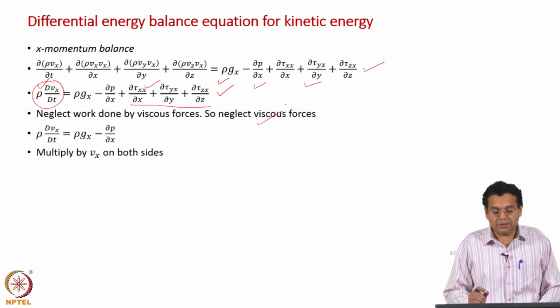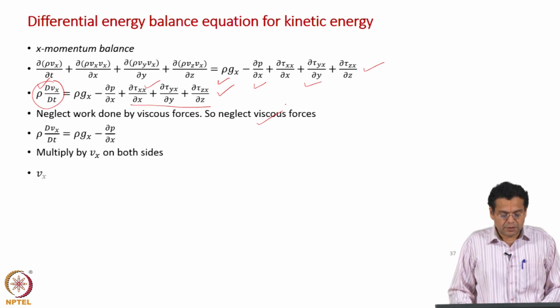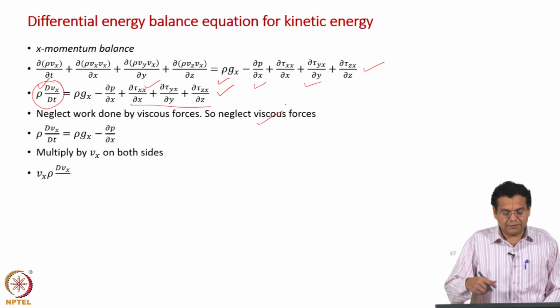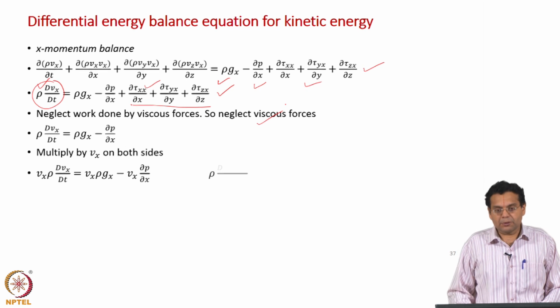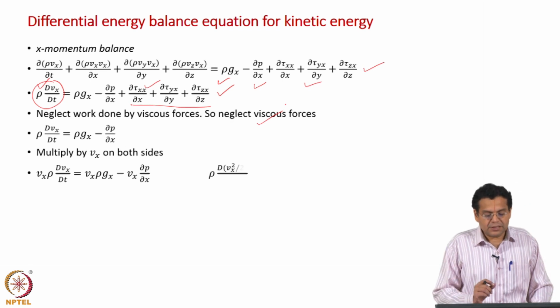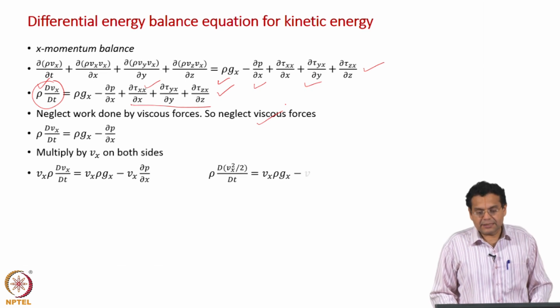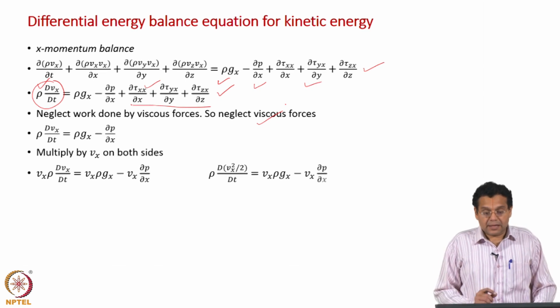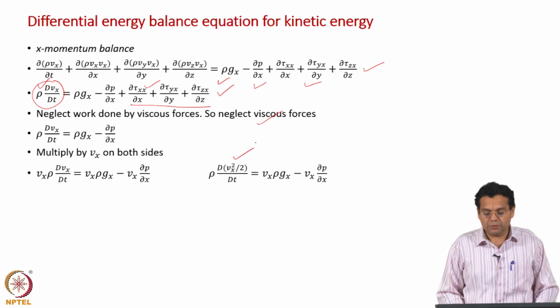You will understand why we do that shortly. Multiply by Vx on both sides. So, we have Vx rho dVx by dt is equal to Vx rho gx minus Vx dou p by dou x. Now, the left hand side of this equation can be expressed as d by dt of Vx squared by 2. Why is it?